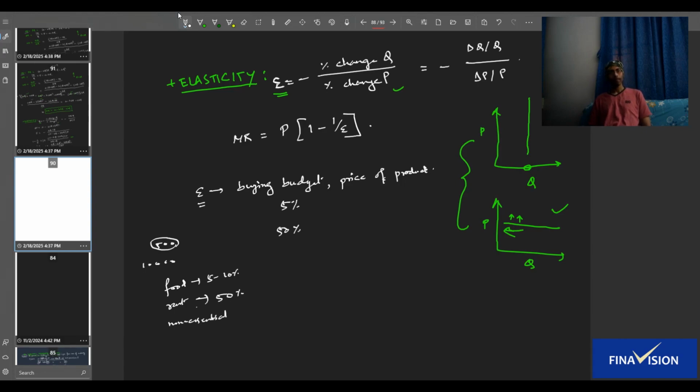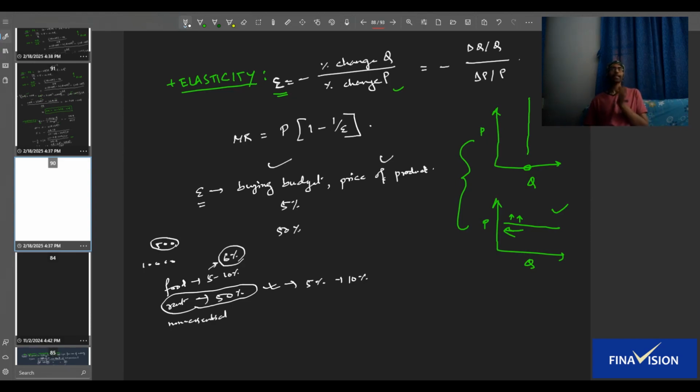So elasticity of rent will be very high, which means if the landlord says I'm going to increase the rent by 5% or 10%, you will think about changing your house. One will think about changing the house, literally. But if the cost of food goes up by 6%, not much difference is felt, right? This is how elasticity, buying budget and price of the product are related.